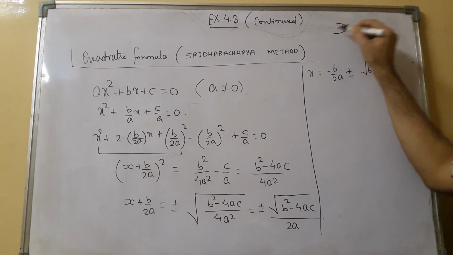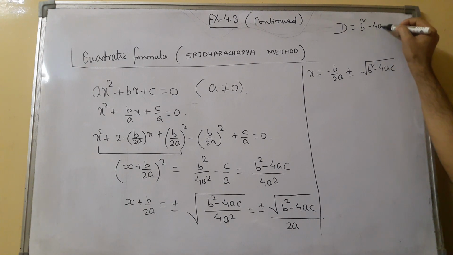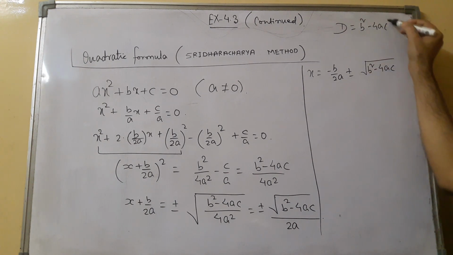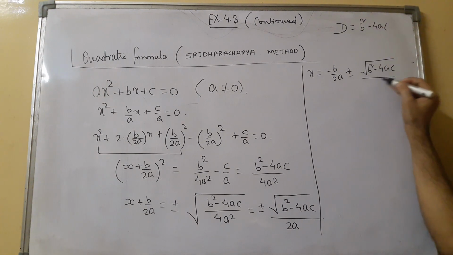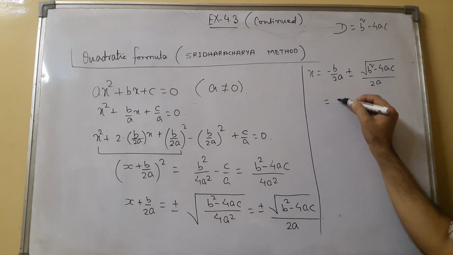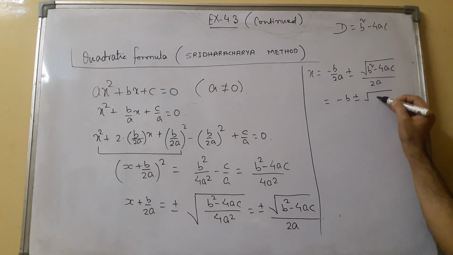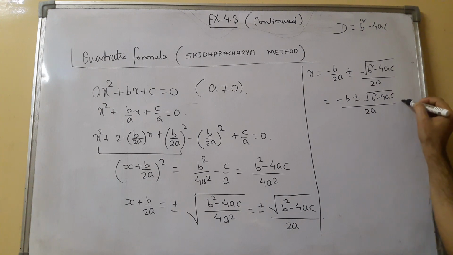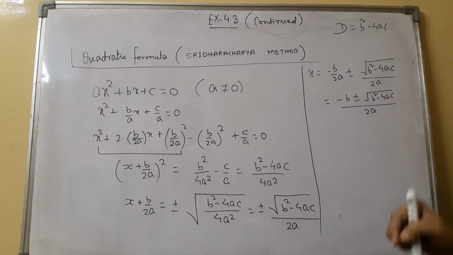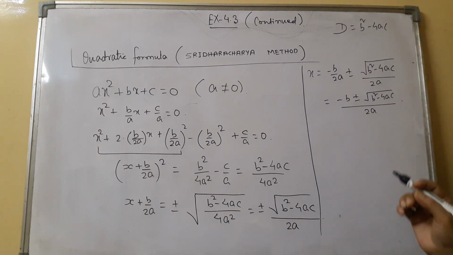We denote it by capital D. D equals to what? b square minus 4ac. तो आगे से इसको हम instead of writing this we can write it as D also. This upon 2a. So finally we are getting two values, one with plus sign, another with minus sign, and this is known as the quadratic formula method.